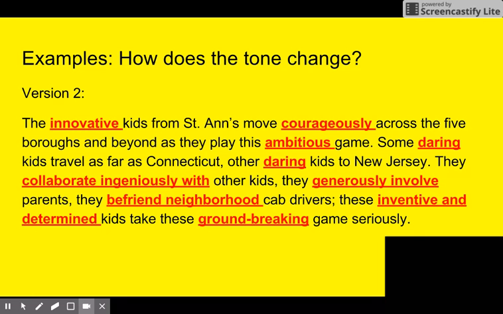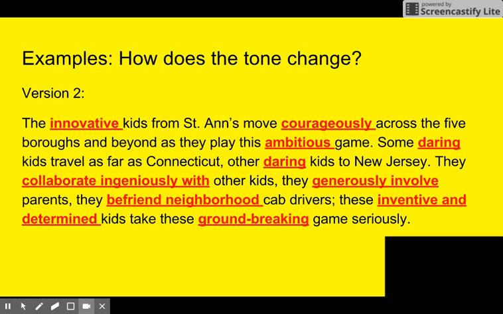Now, watch as I change those words that I have in red and how the tone changes. The innovative kids from St. Anne's move courageously across the 5 boroughs and beyond as they play this ambitious game. Some daring kids travel as far as Connecticut, other daring kids to New Jersey. They collaborate ingeniously with other kids, and they generously involve parents.